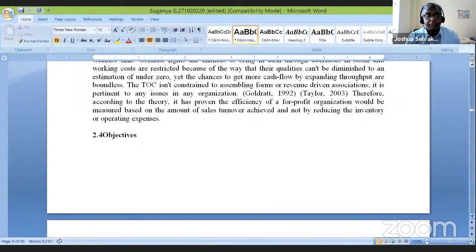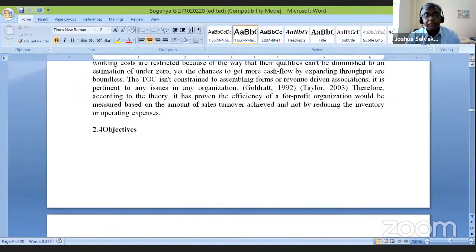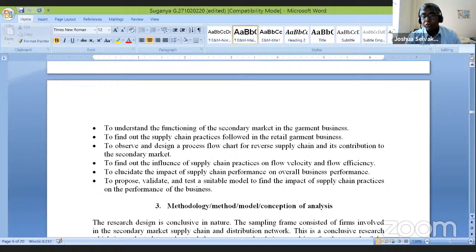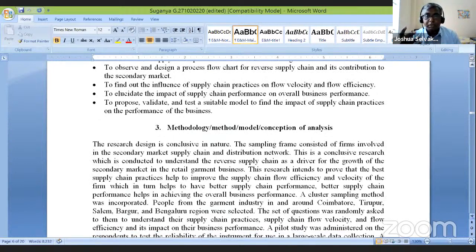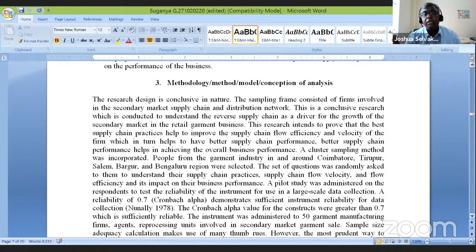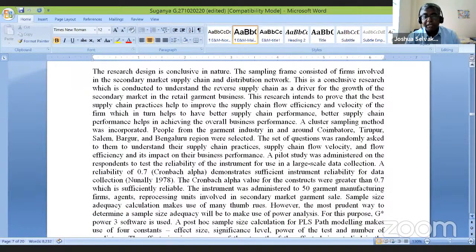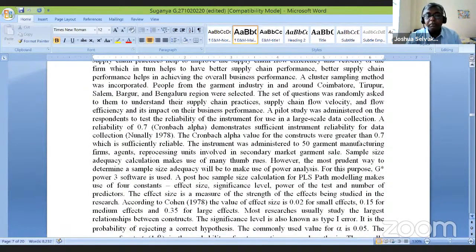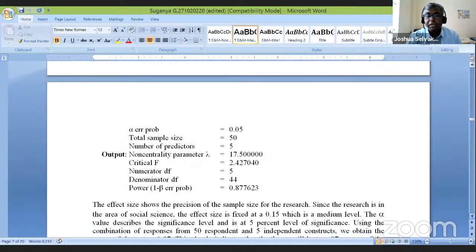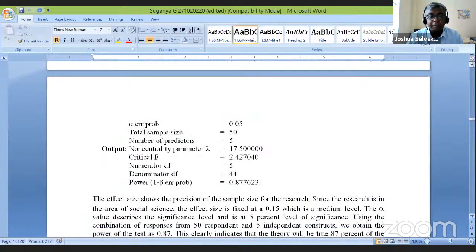The objective, methodology. Now methodology, we used two methods. One was a more case-based approach, a focus group approach, because in Bargur we had to go family to family to ask them about how this secondary supply chain is working.